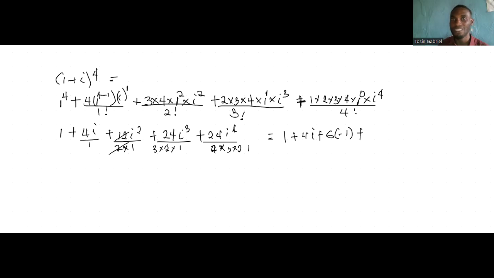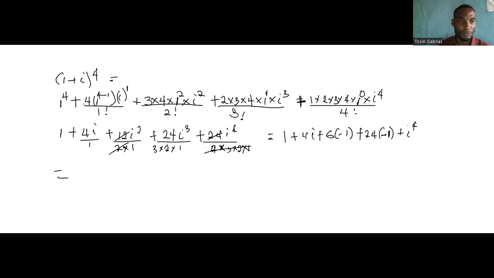What is i cubed? i cubed is minus i, rather, 24. Then i cubed is minus i. Then plus, this is 4 times 3 times 2 times 1. That's 24. 24 divided by 24, that's 1. So we are going to have i raised to the power of 4.